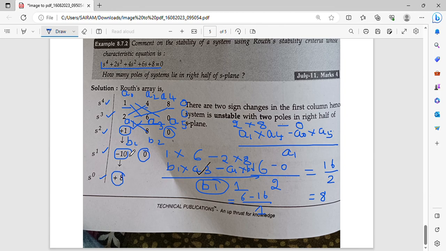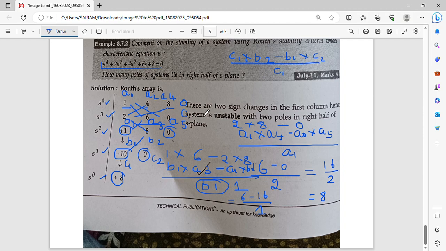So how does this plus 8 come? I'll just write it over here. It is nothing but c1 into b2 minus b1 into c2, whole divided by c1.